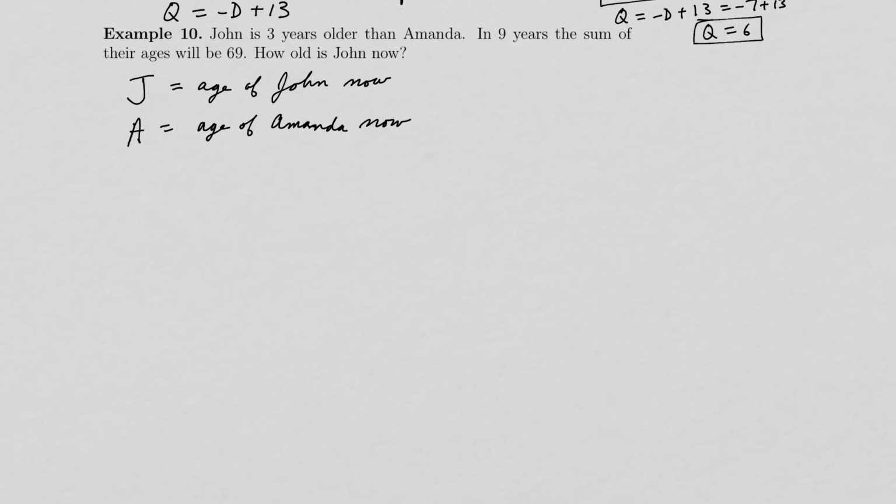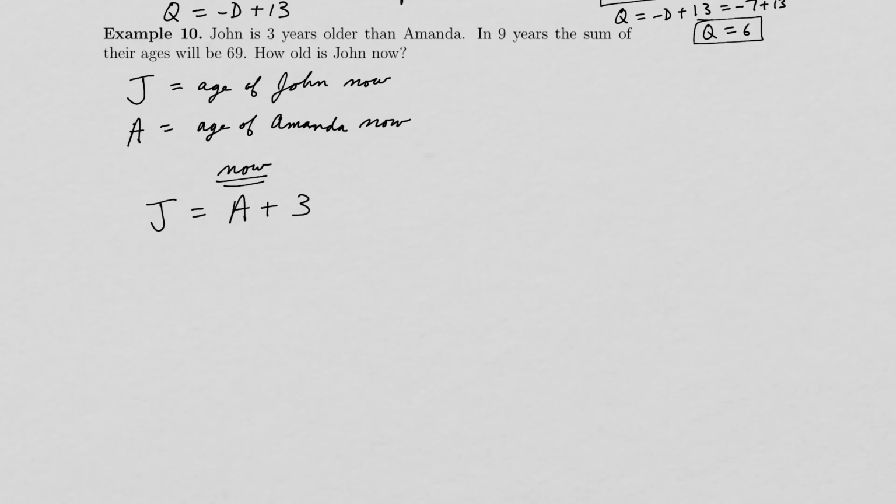So one equation is I know now that John is 3 years older than Amanda. So the way to interpret that is J equals A plus 3. Right? If John is 3 years older than Amanda, then John is going to be Amanda's age plus 3.